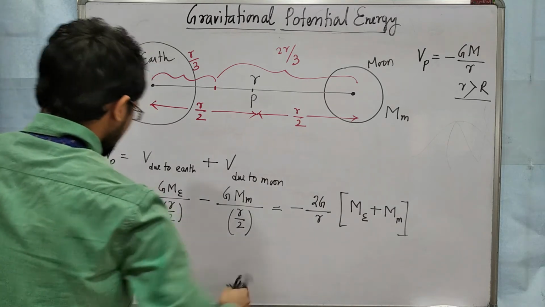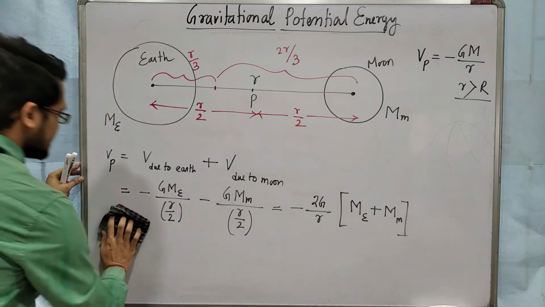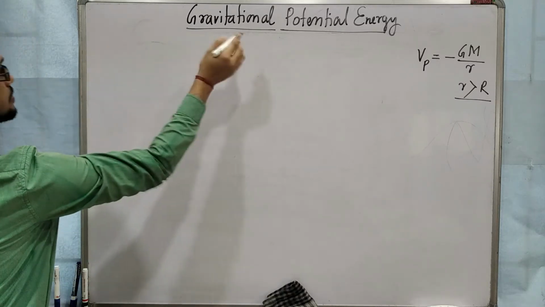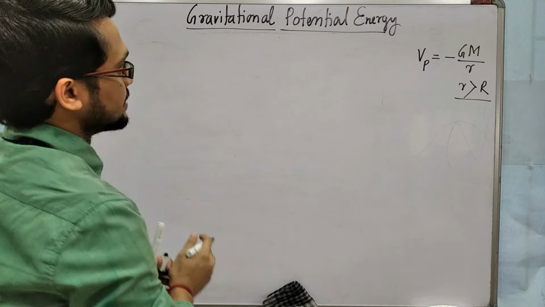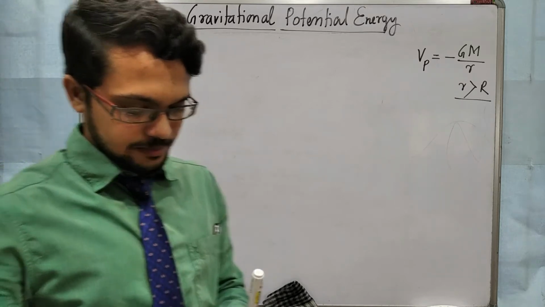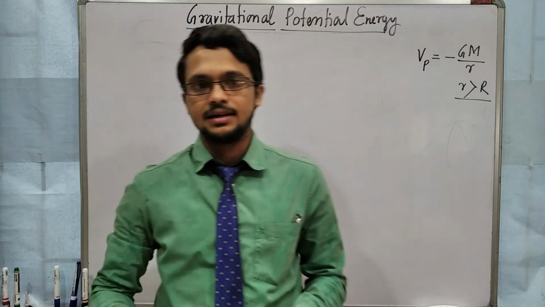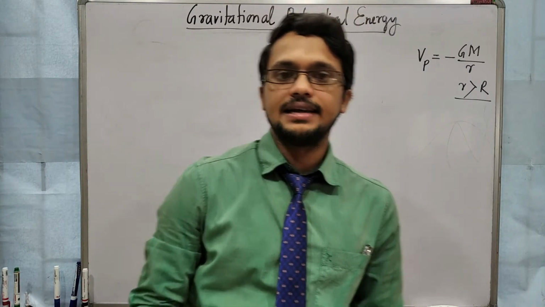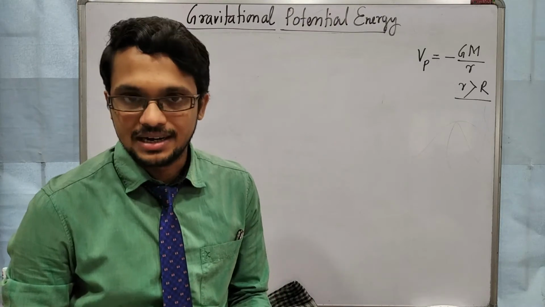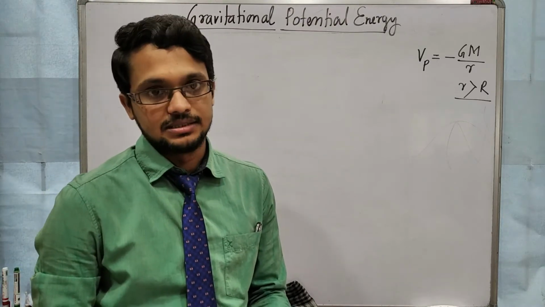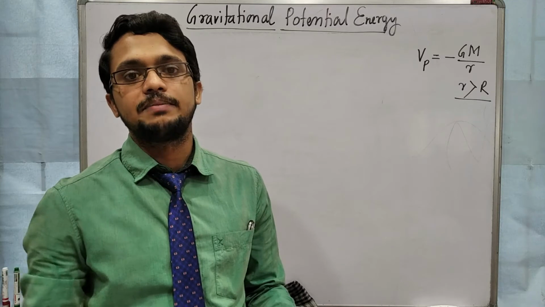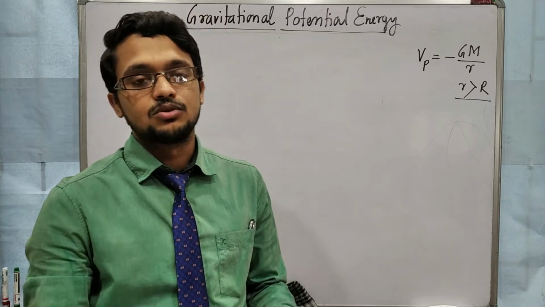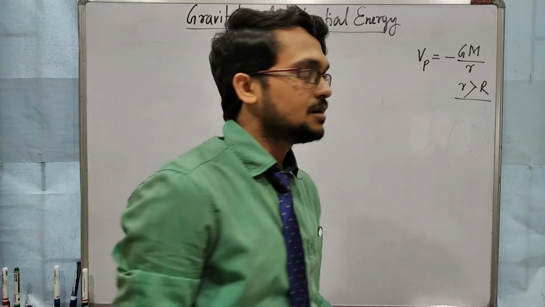Clear? Now I am going to the gravitational potential energy. First of all, what is its definition? In potential, I defined that the potential at any point in the gravitational field of any object is the amount of work done to bring unit mass from infinity, or from the position of zero potential, to a particular required point.